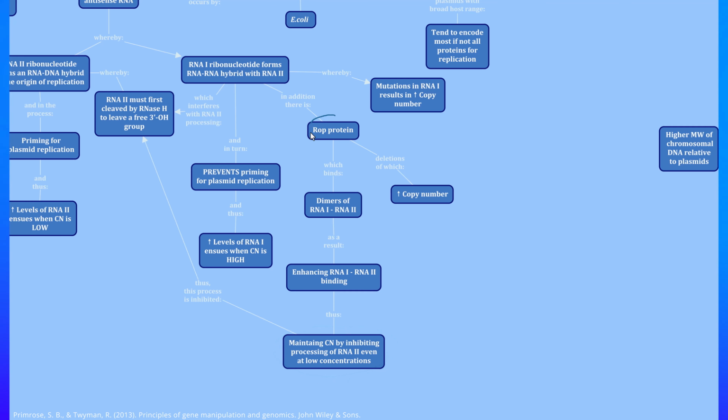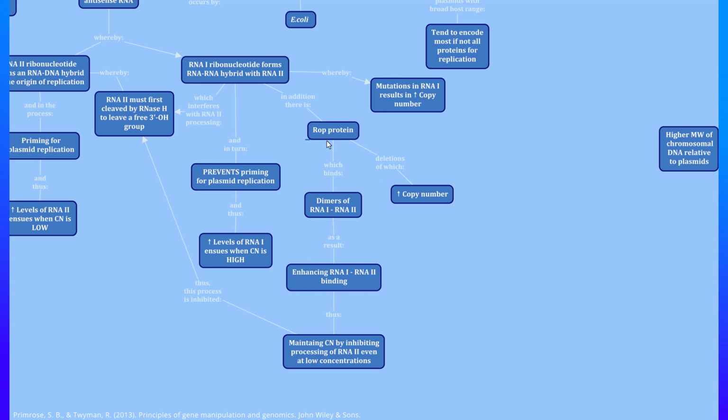So the Rop protein modulates the activity of RNA1. So the Rop protein makes it so that the RNA1-RNA2 hybrid, or the dimers of RNA1-RNA2, are enhanced, or their binding is enhanced.